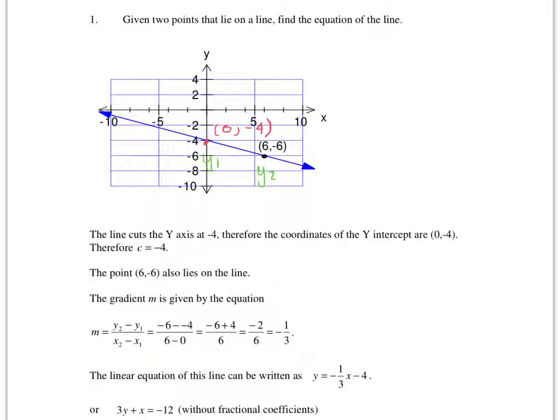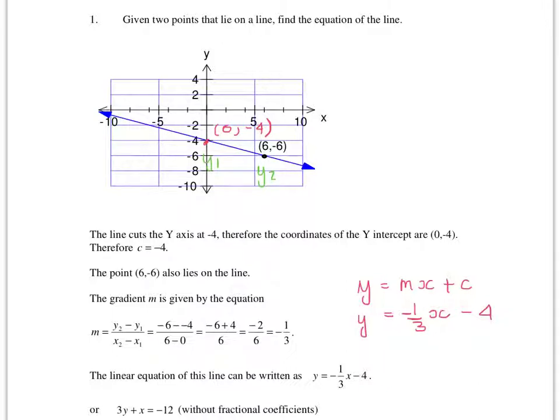So now, going back to the original equation, which remember was y is equal to mx plus c, I've determined that the gradient m is -1/3, so -1/3 times x, and the c value, the y-intercept, was -4.